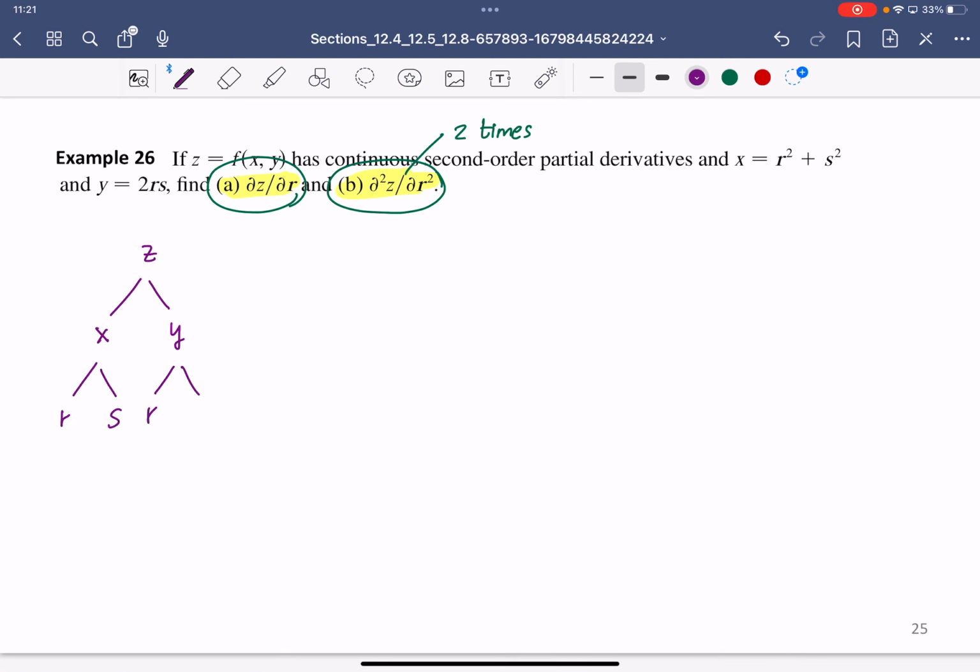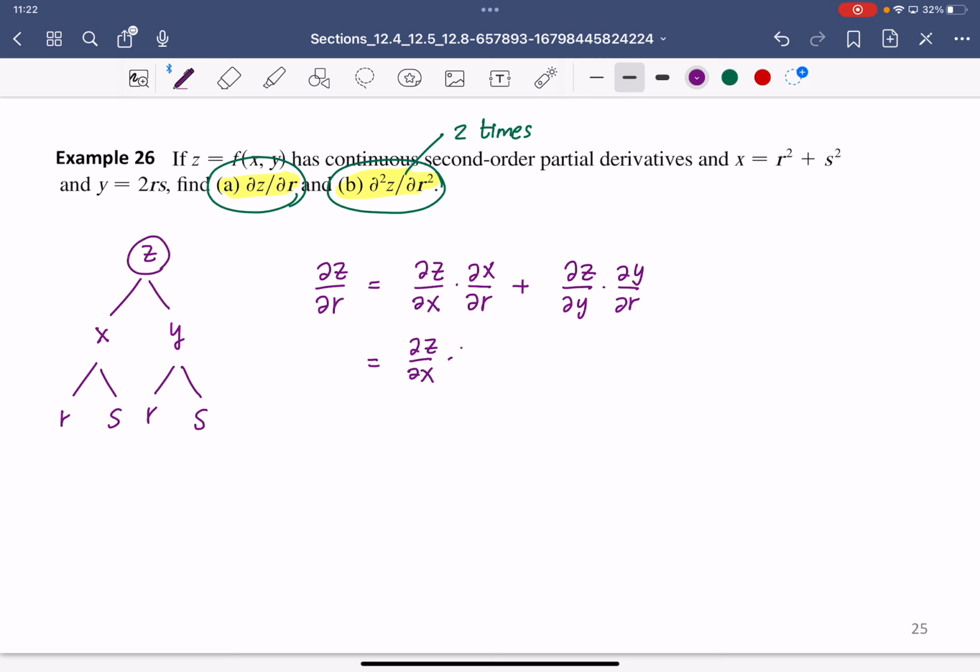Then ∂z/∂r is ∂z/∂x times ∂x/∂r, plus ∂z/∂y times ∂y/∂r. Here for ∂z/∂x, you stop because you don't have the function for z.